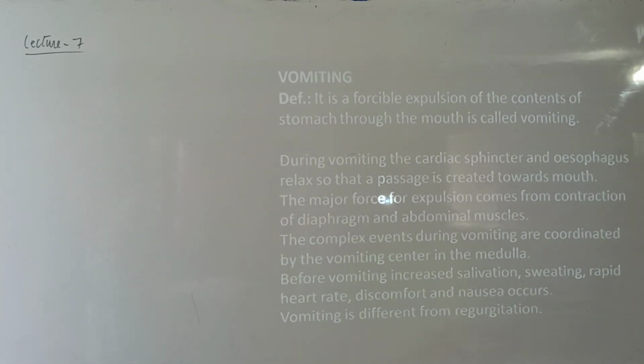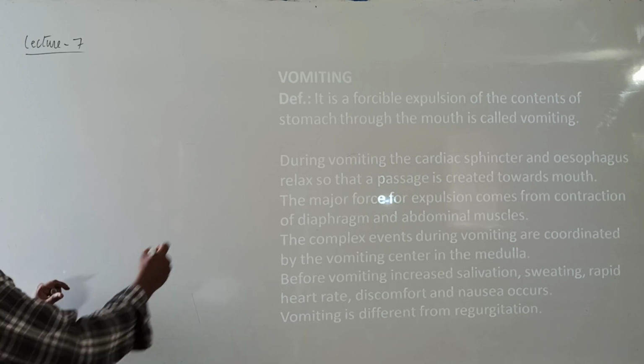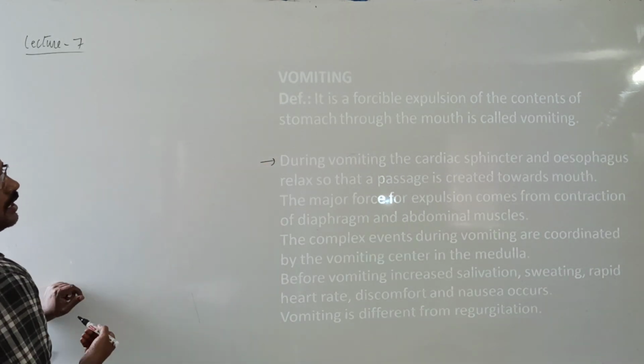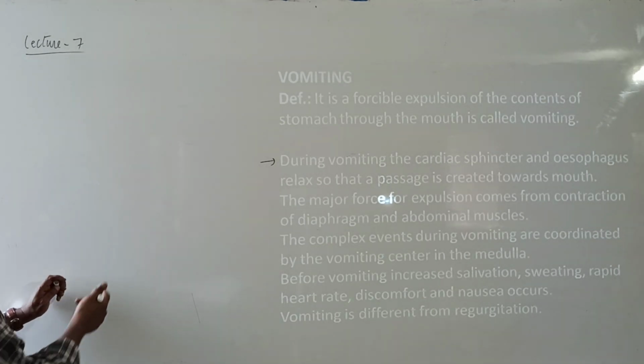During vomiting, the cardiac sphincter and esophagus relax so that a passage is created towards the mouth. So it is a regurgitation of food from the stomach to outside. Here there is a relaxation of the cardiac sphincter.